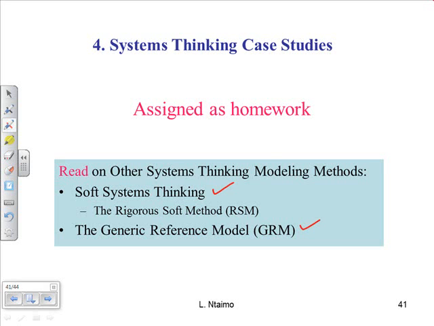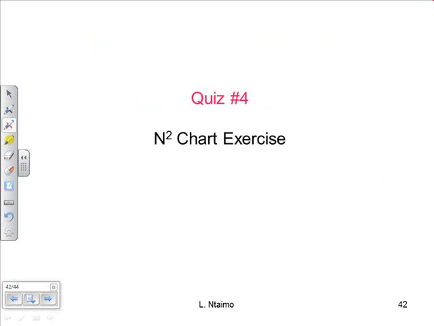I want you to read this, and I think I asked a few questions at the end just to make sure you read it. Okay? Then you can answer those questions. But for the most part, it's a reading assignment to help you be aware that systems thinking is actually a practice that people use in industry.